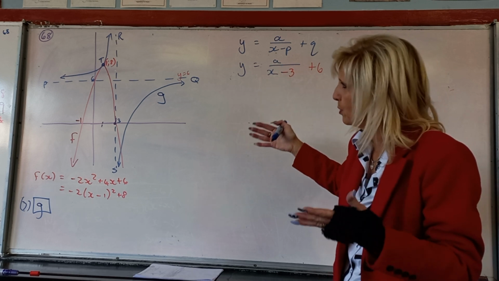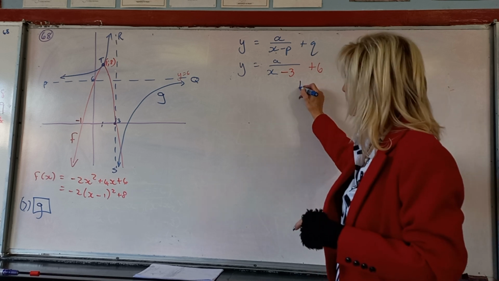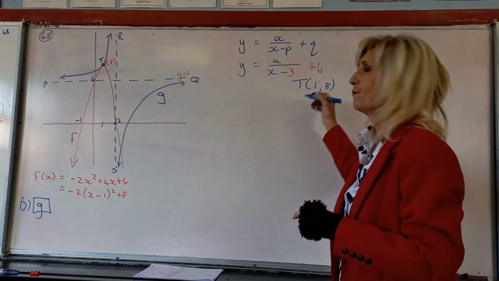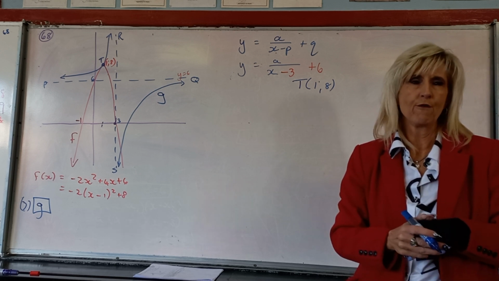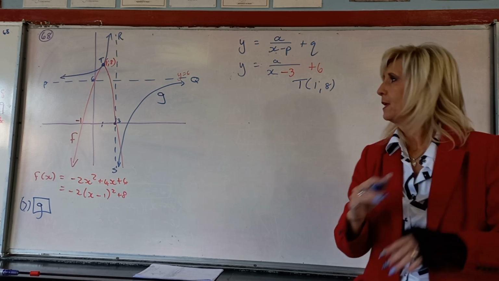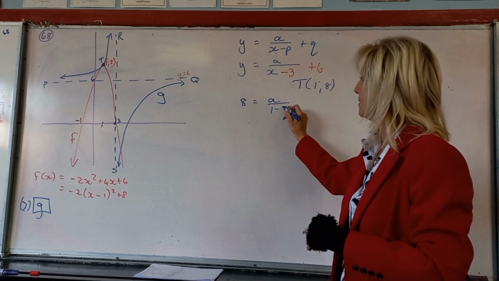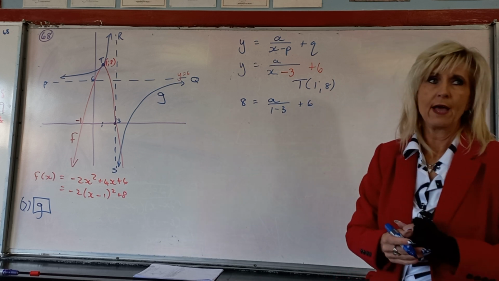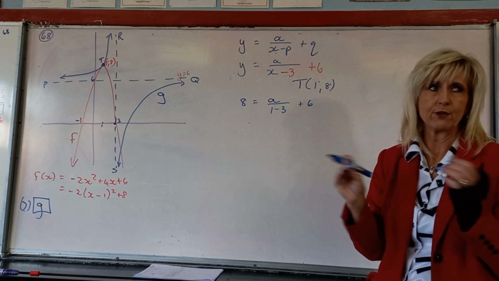Do I have another point on the hyperbola? Yes. Which one? The coordinate of T, which you had to find from the previous question when they asked you to write it in turning point format. You see how they combine and intertwine them. So you're going to substitute your y with an 8, your x with 1, and solve for A. But guys, order of operations, you can't do whatever you like.